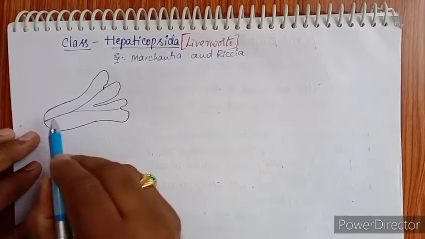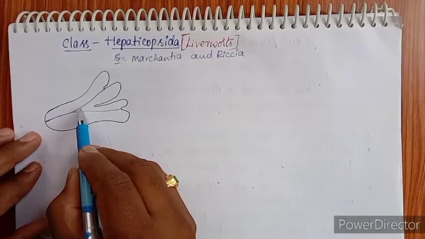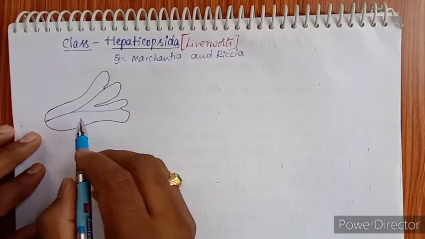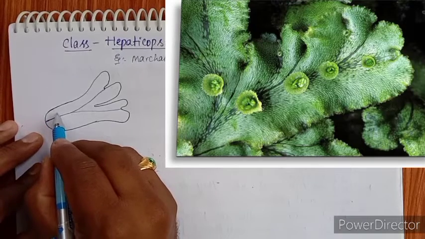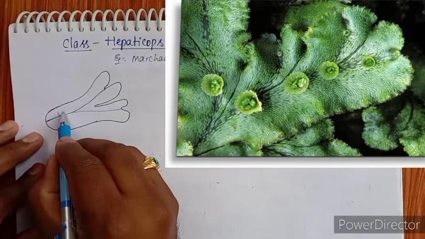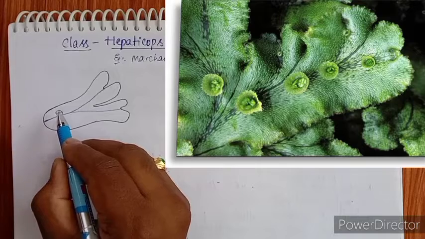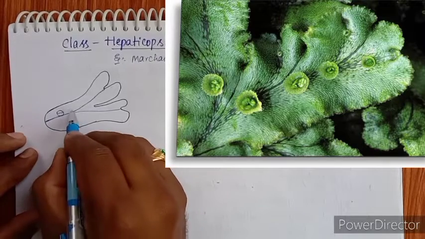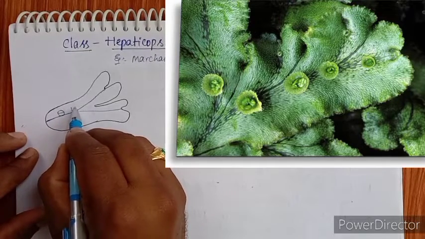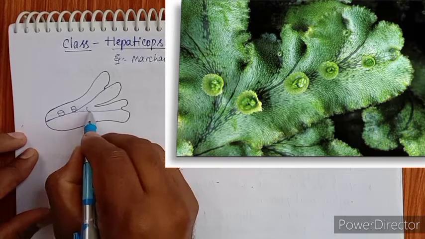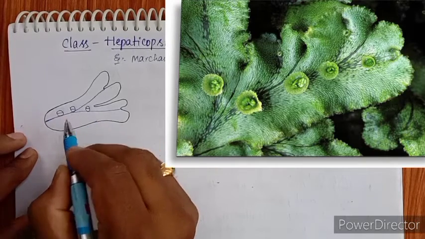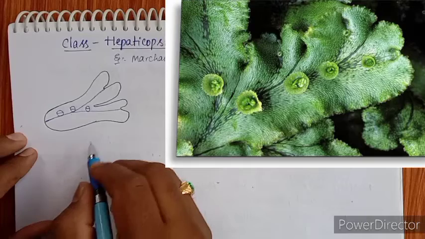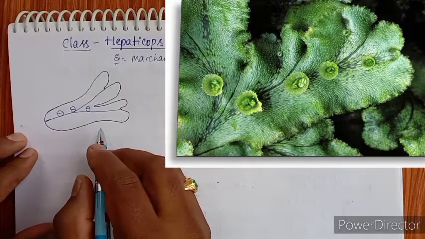It looks like a leaf-like structure, and in the center we can find the mid-median line. On the upper surface of the midrib, it produces specialized multicellular structures. These are called gemma cups. They are involved in vegetative reproduction.